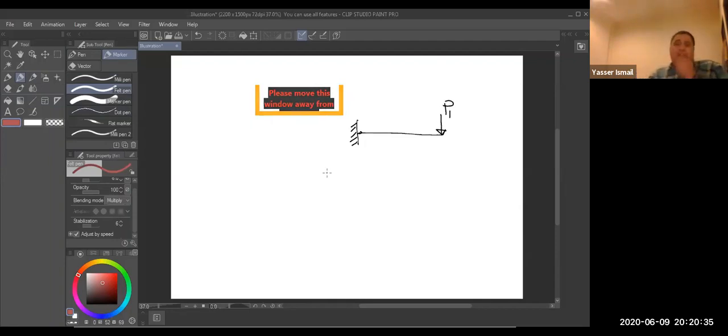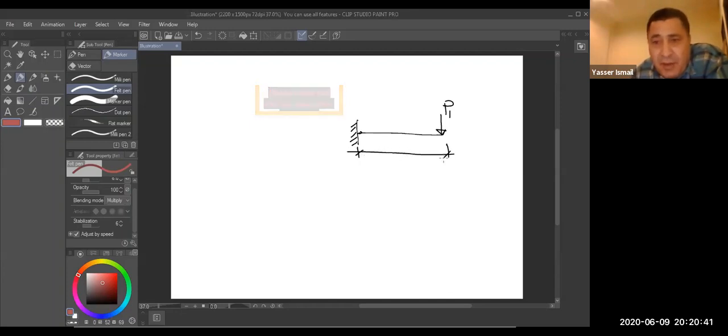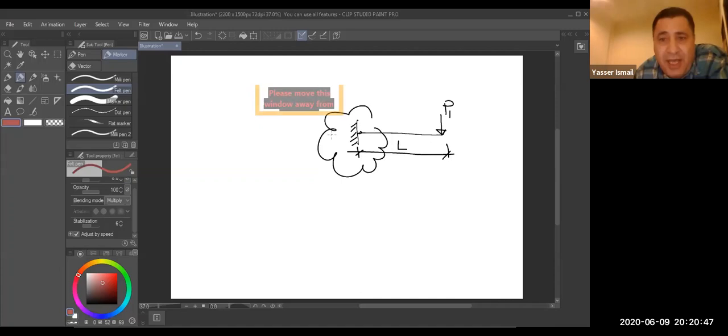And you have one particular length, whatever the length, L, feet, meter, whatever. How many reactions do I have here in fixed end? I have X, I have Y, and I have moment.